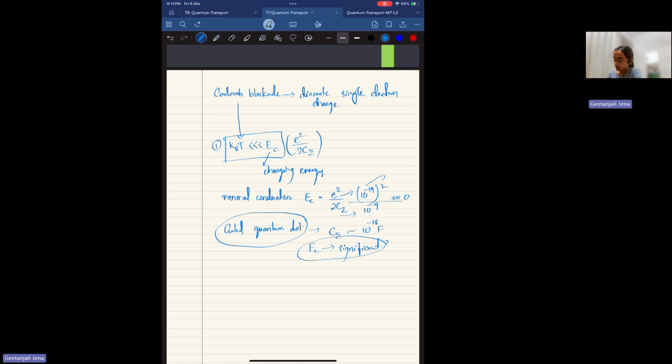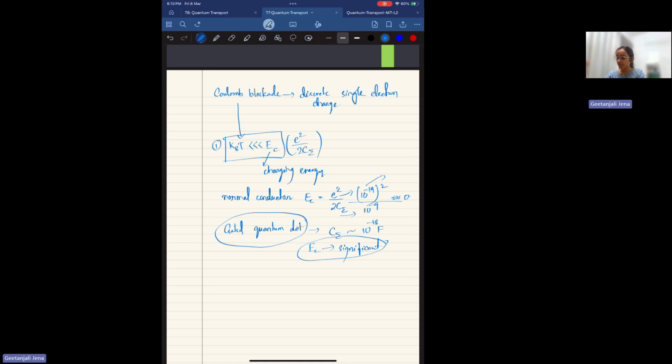Because the charging energy is significant, for a given range of gate voltage or source drain voltage, the current is 0 because the charging energy is very high. The charges already present in the system repel the charge that we are trying to add to the system. Because of this strong electrostatic repulsion, the current will be 0.